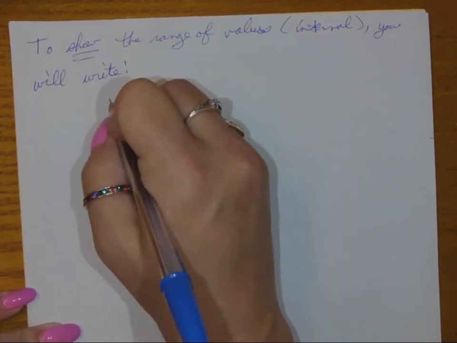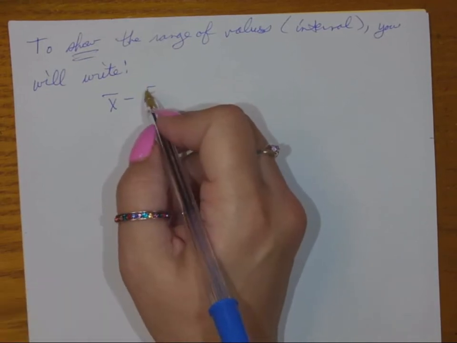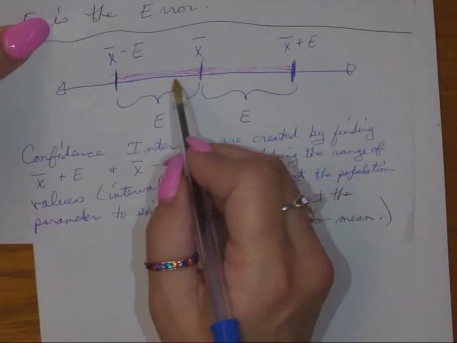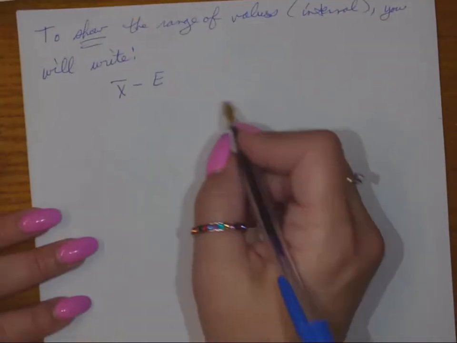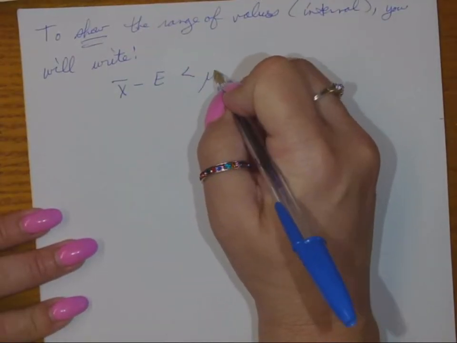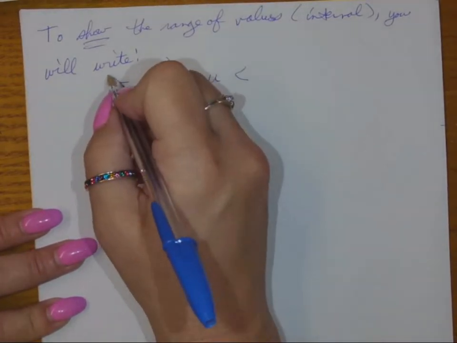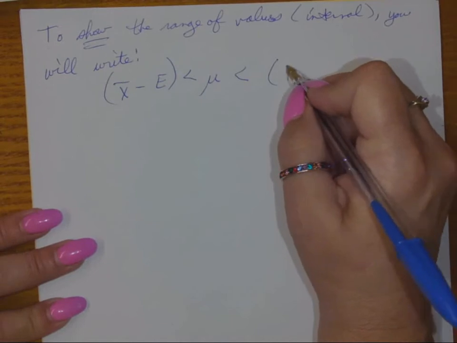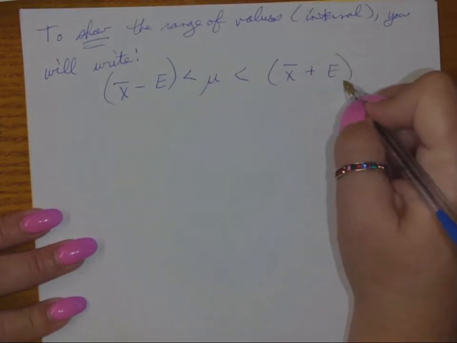Whatever the x bar minus the e is, that's on the bottom side, right? Remember, we're here, and we're saying our mu is somewhere in this area, in that distance. That guy is less than my mu, right? And you could put it in parentheses if you want to. I don't normally. But the mu is less than the x bar plus the error.